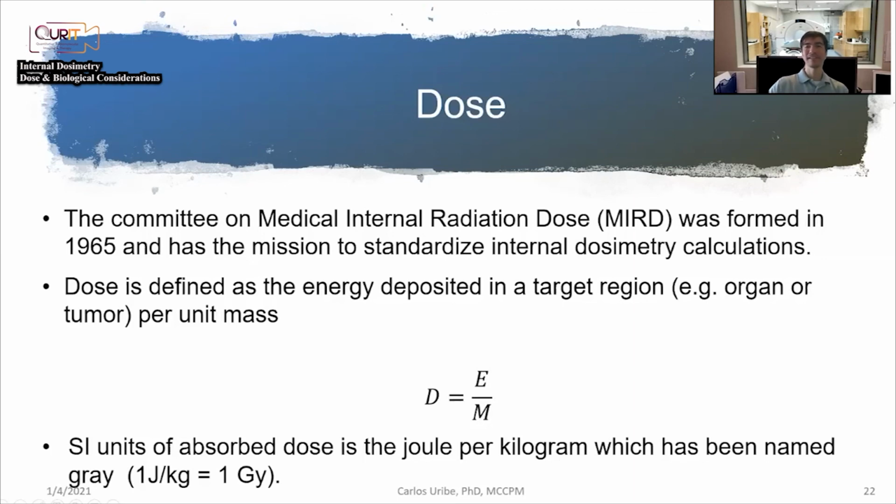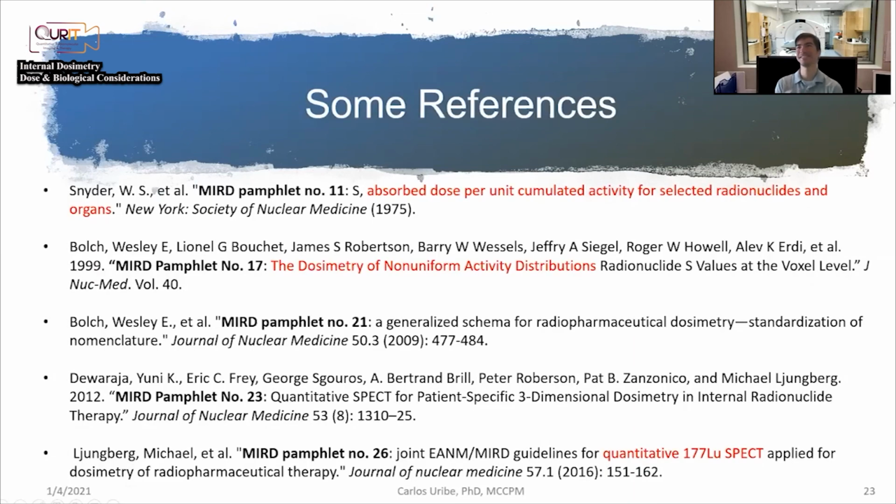What I'm going to say in the next slides is just a very small synopsis of all the details, which is why I'm giving you some references. If you see, I'm citing the MIRD, which is that committee. Every once in a while, they release pamphlets that help guide what we do.